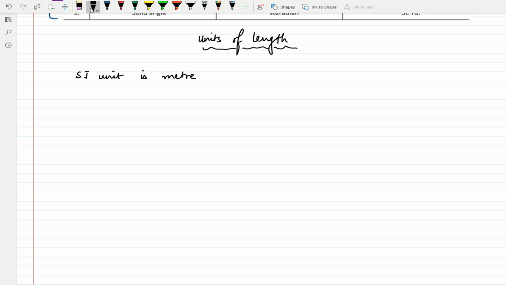Now we are asked to define meter. I'm writing the definition of meter here, then I'll explain how it comes.